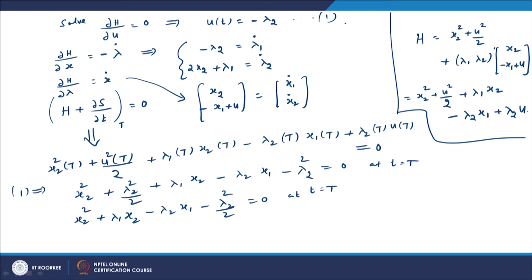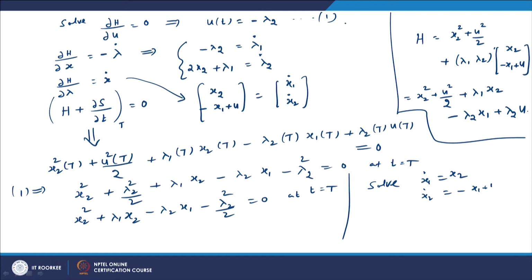Okay. So, first thing is we have to solve this 4 equation, coupled equation. So, this equation and we have to solve the equation, the first we will write this one: x1 dot equal to x2 and x2 dot equal to minus x1 plus u, u is equal to minus lambda 2.